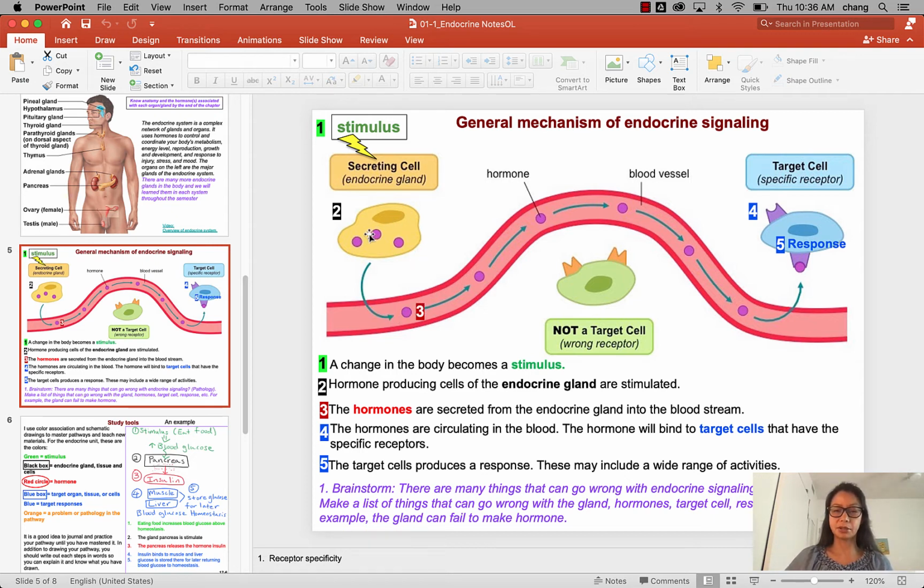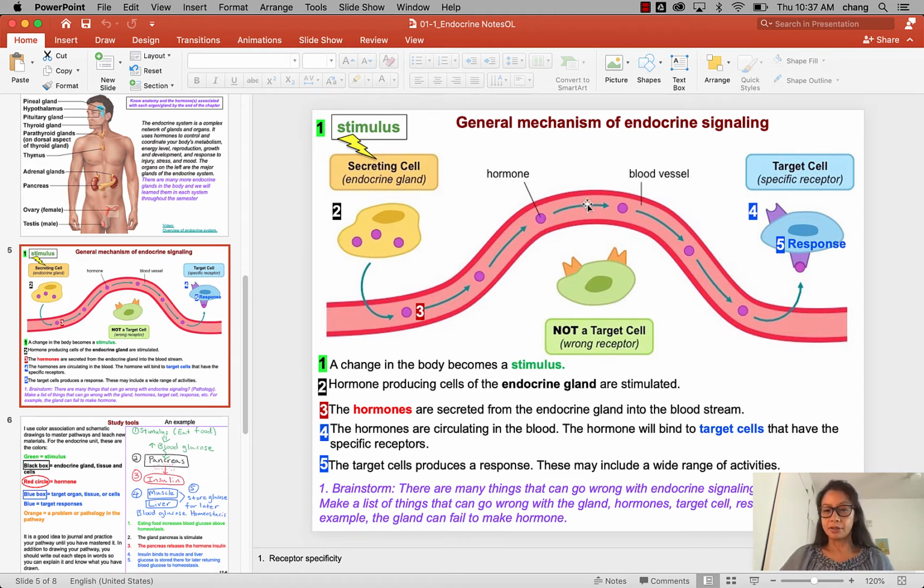So step 2 is the endocrine gland, in black, releasing that purple little dot, the hormone, into the blood. The hormone will travel all over the blood. So if you take a blood sample from a patient on the left arm, the right arm, and the leg, that hormone is present in that blood sample.